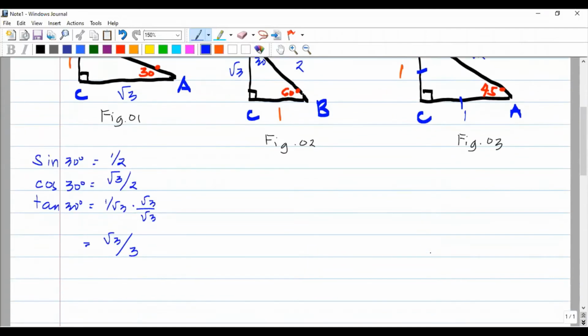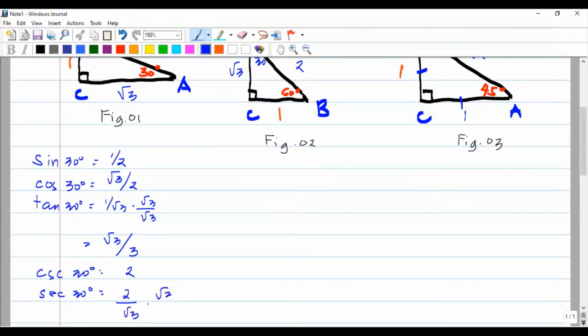And next would be cosecant of 30 degrees. So again, cosecant is just the inverse of the sine function. Therefore, we have 2 over 1. Secant 30 degrees is the inverse of cosine, which is 2 over square root of 3.